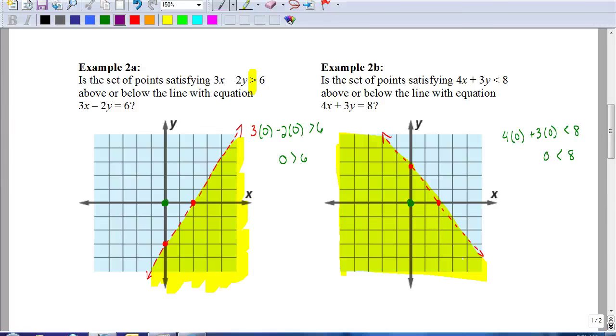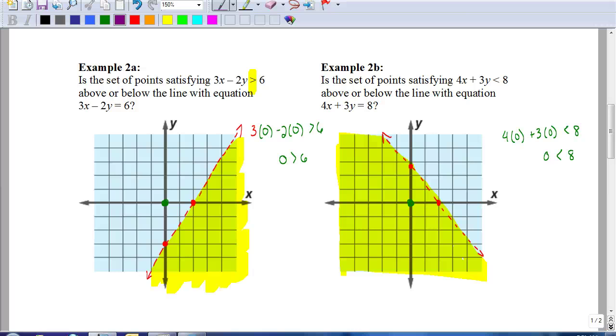So on your test, it'll be worth a point or two for having the graph in the right spot. Then it'll be worth a point for using the correct type of line, whether solid or dashed. It'll also be worth a point for having the correct region shaded in. So if you graph the line correctly but you use the wrong type of line and don't shade, you're going to lose half the points.